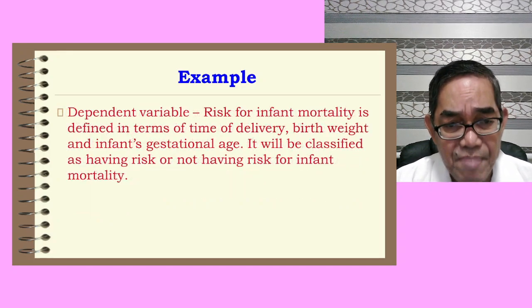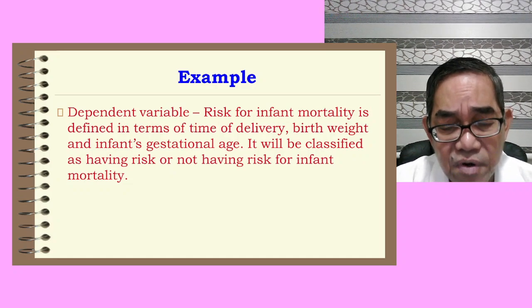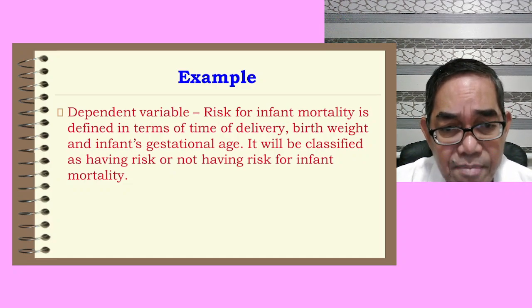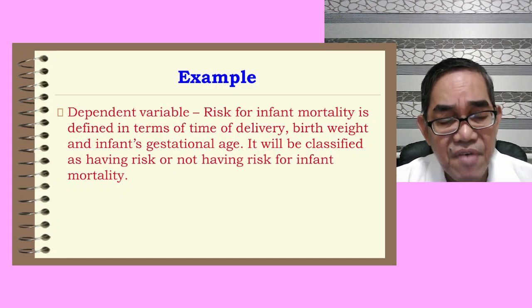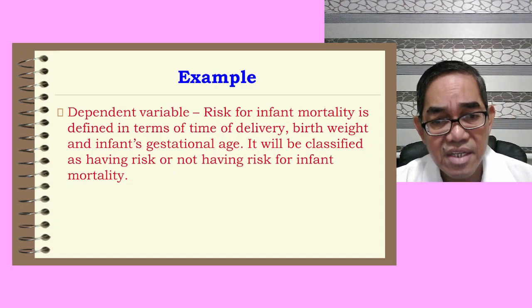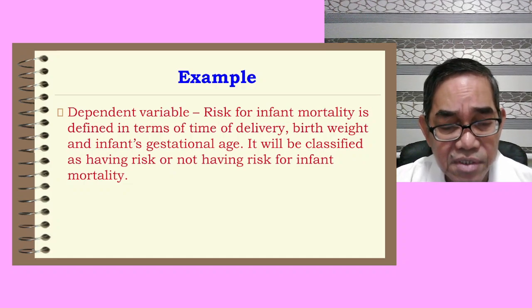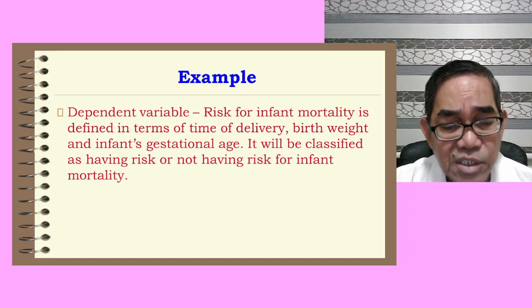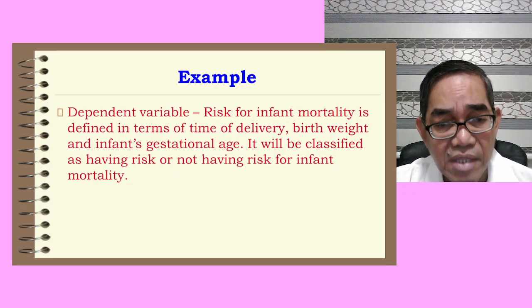Now, the dependent variable is risk for infant mortality, defined in terms of time of delivery, birth weight, and infant's gestational age. Based on these three parameters, it will be classified as having risk or not having risk for infant mortality.